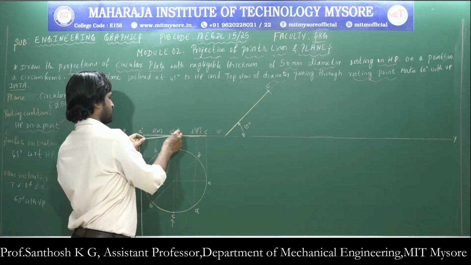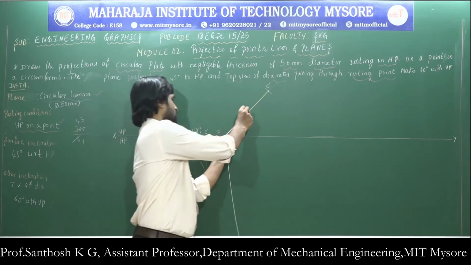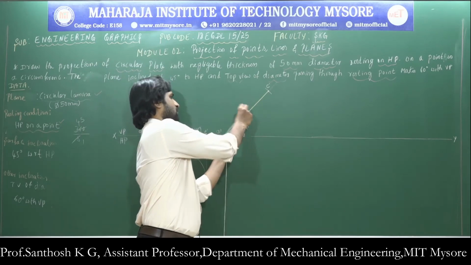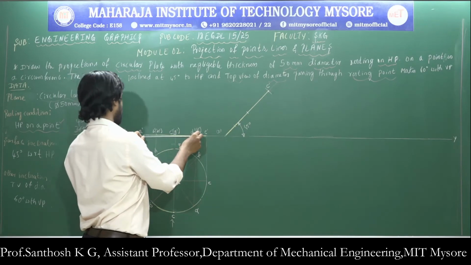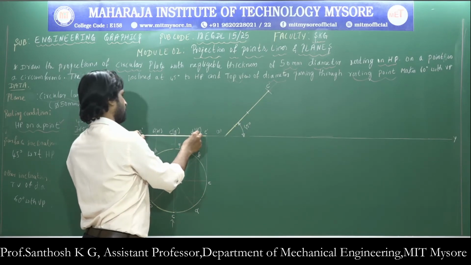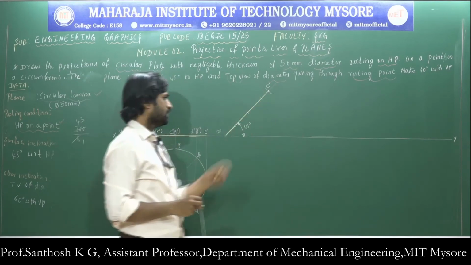Again I measure the distance of C dash G dash from A and reproduce it along this line. Similarly, measure the distance of D dash of F dash from A and mark it here.